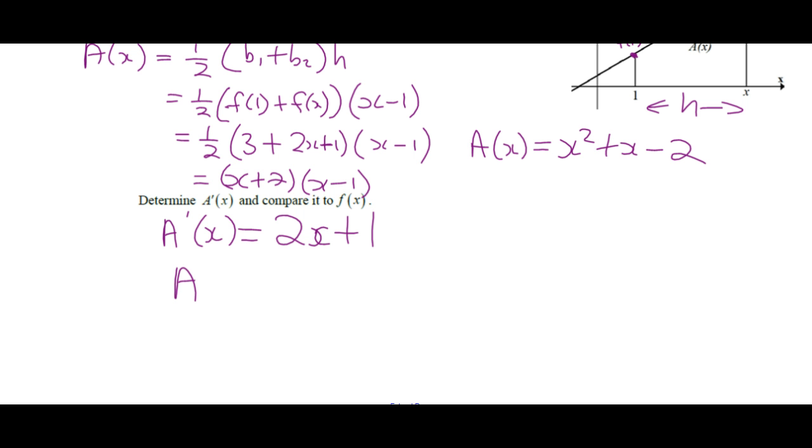So A prime of x, it turns out, is f of x, right? Which we saw, but now we can see it given a particular practical example.